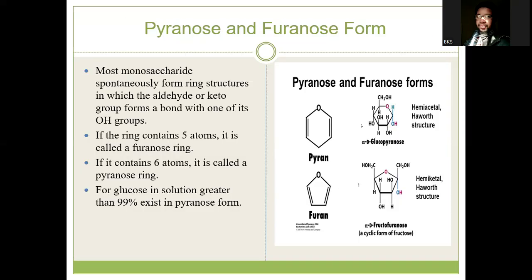So when it forms a pyranose ring, it is called glucopyranose. So we say it mostly forms the pyranose ring.